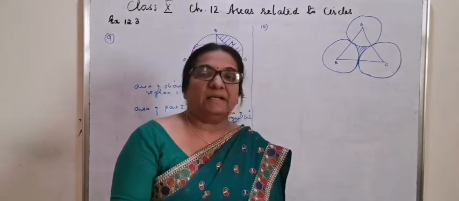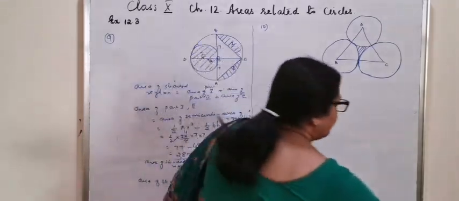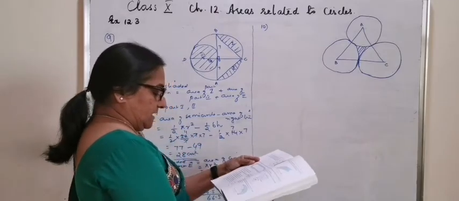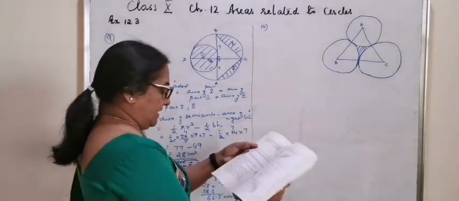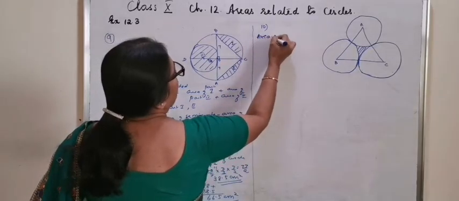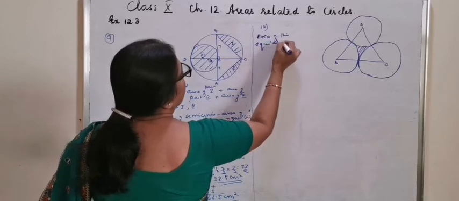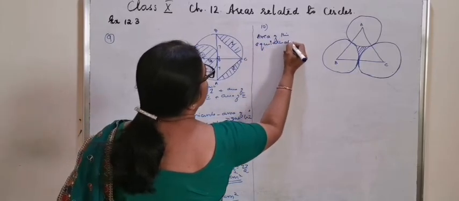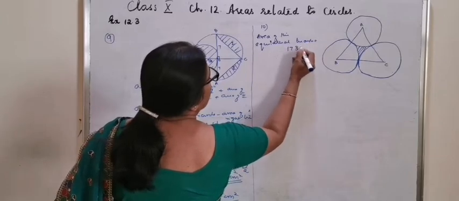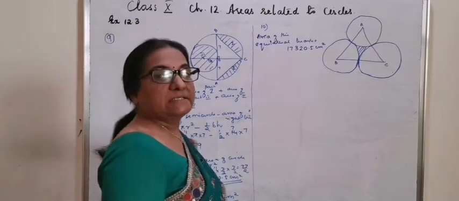When you compare with the area of the equilateral triangle, the value of root 3 they have given to 5 decimal places. So, area of an equilateral triangle is given as 17,320.5 centimeter square.